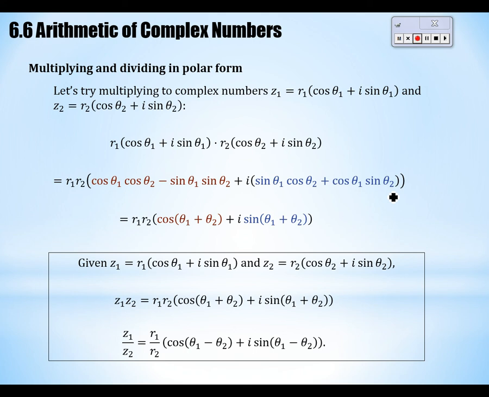Just to illustrate how slick this is, down this second result, if you were to do 8 cis 71 degrees divided by 2 cis 20 degrees or something like that.